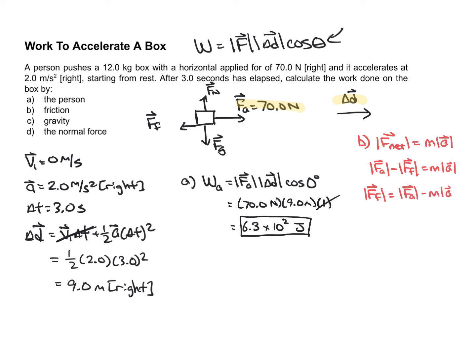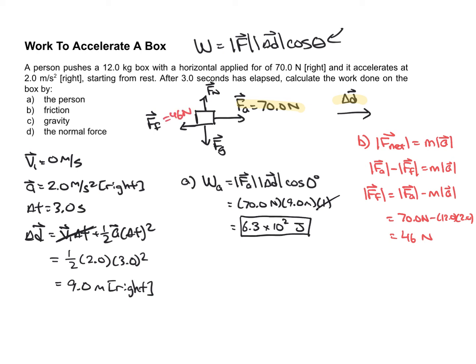Okay, I can fill in the values now. 70 newtons minus ma is 12.0 times 2.0. So 12 times 2 is 24, 70 minus 24 would be 46 newtons. All right, so that needs to be found out first.